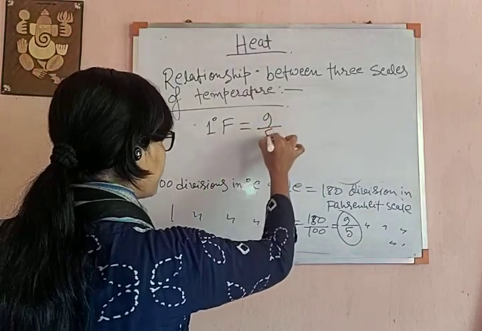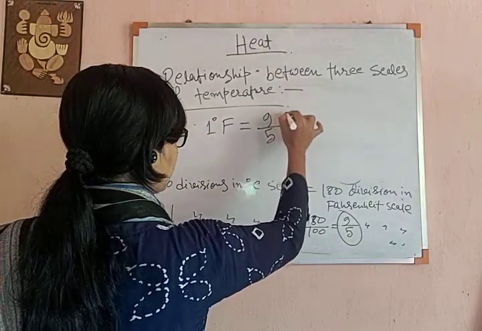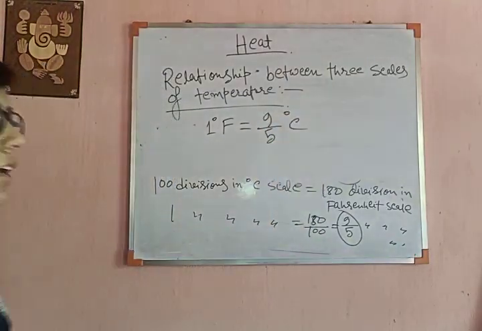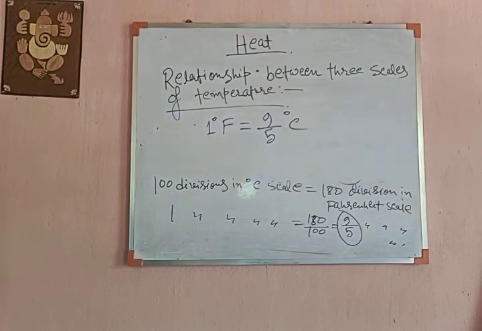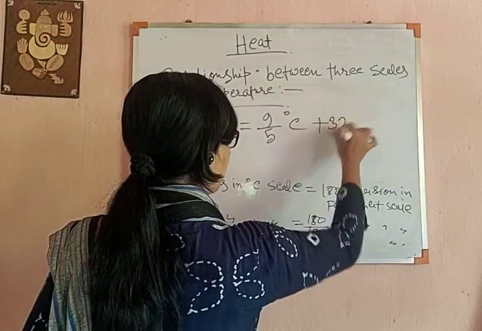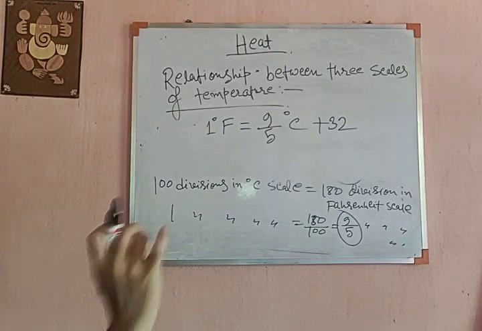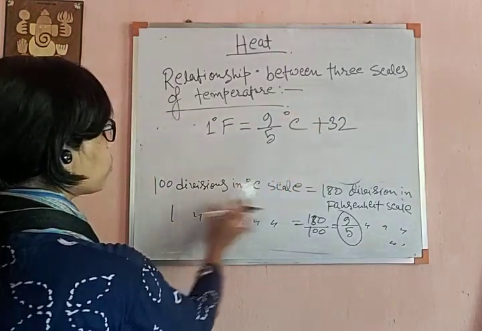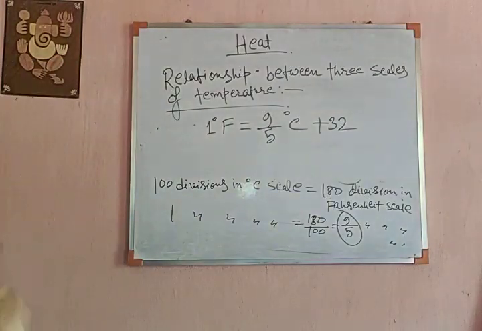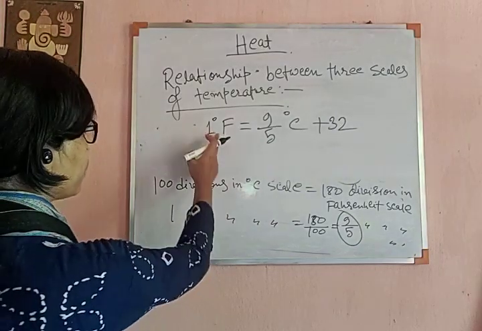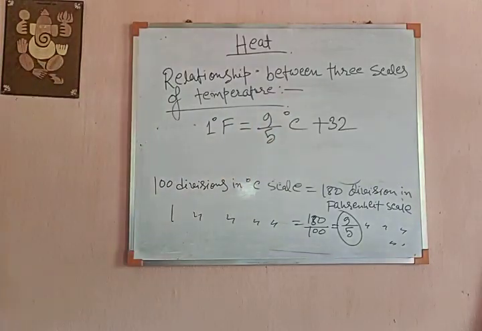So 9 by 5 times to that of degree Celsius plus 32, because 0 degree Celsius is the starting point in Celsius scale and the starting temperature in Fahrenheit scale is 32. So you have to add that 32, and according to the difference in division, 1 Fahrenheit scale division is 9 by 5 times higher than that of degree Celsius scale. So 1 degree Fahrenheit equal to 9 by 5 times higher in degree Celsius plus 32. So now it is clear.